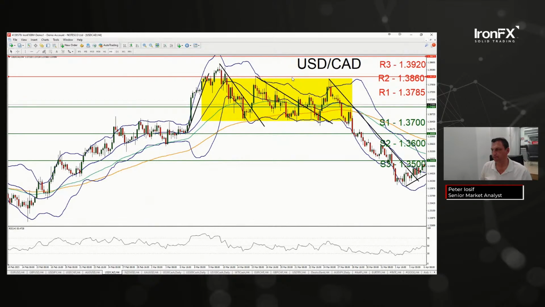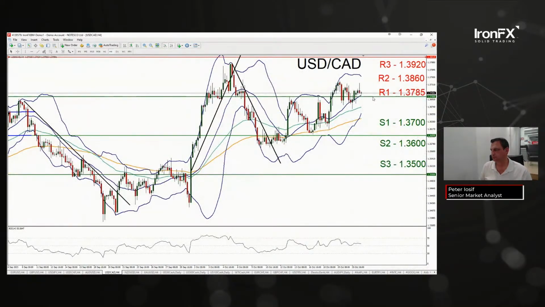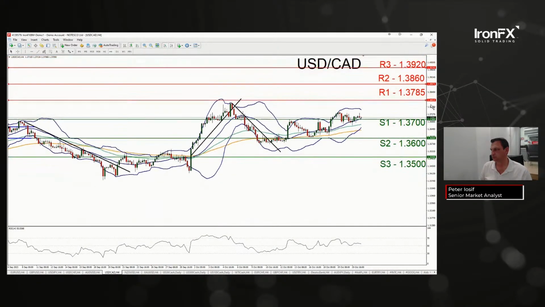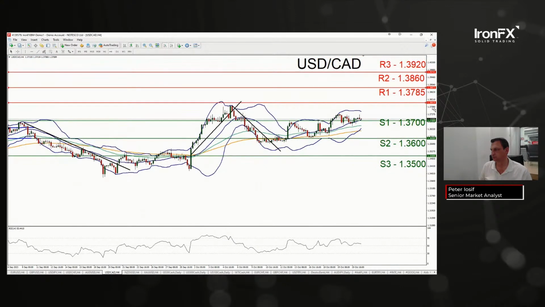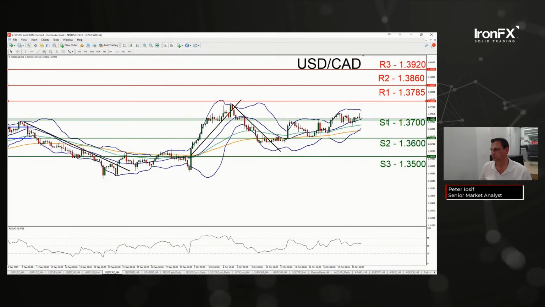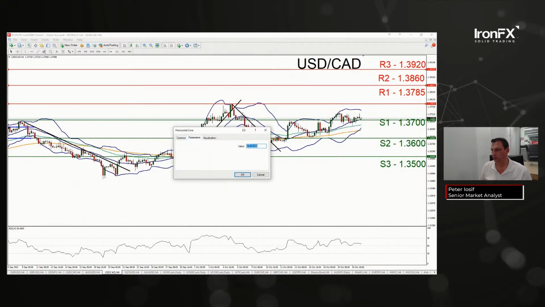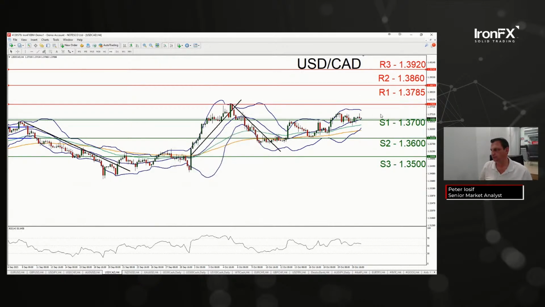This seems better. Let's readjust. Could go even lower. This better peak. Okay, so the R1 remains unchanged at 1.3785. That's clear.